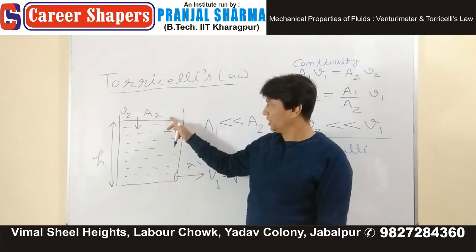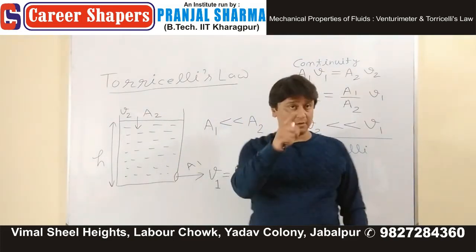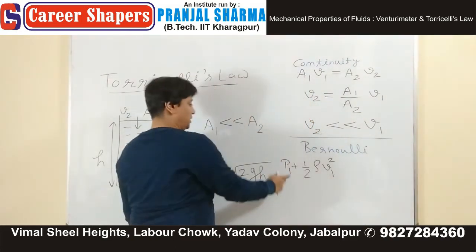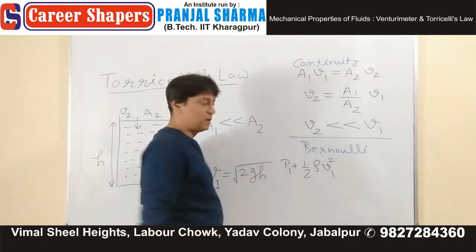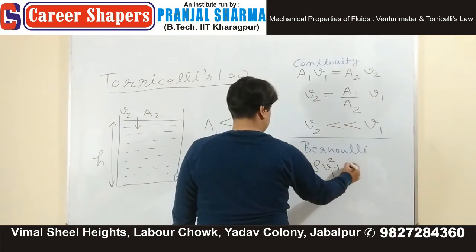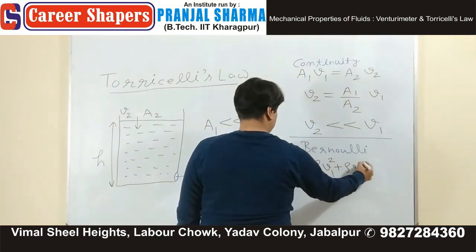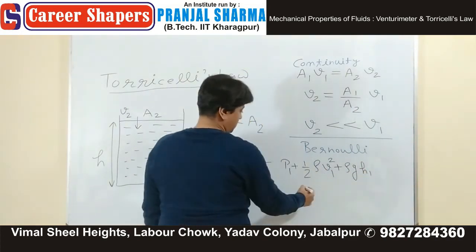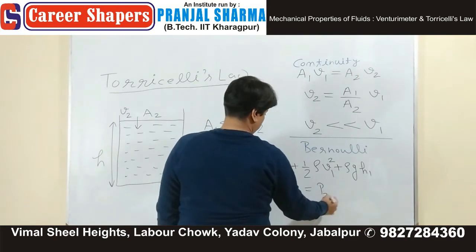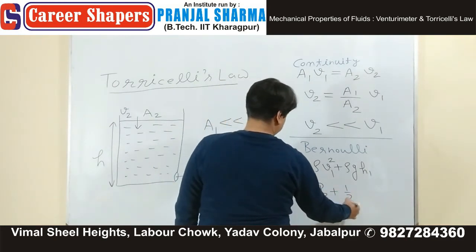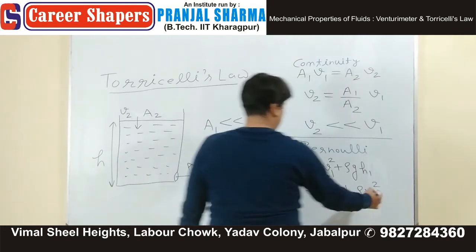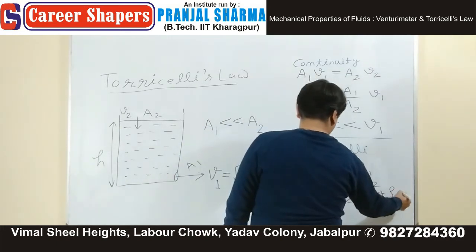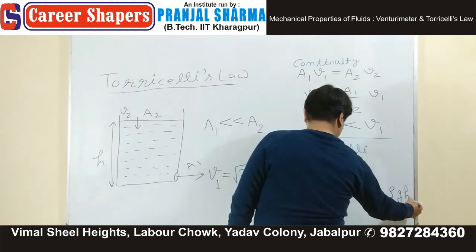But now these two cross sections are at different heights. P1 plus half rho V1 square plus rho g h1 is equal to P2 plus half rho V2 square plus rho g h2.